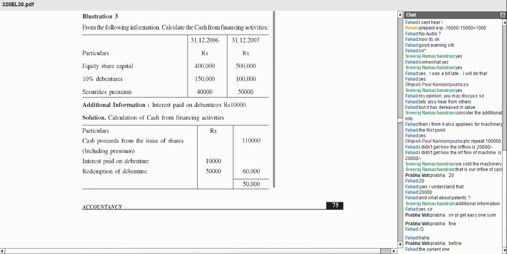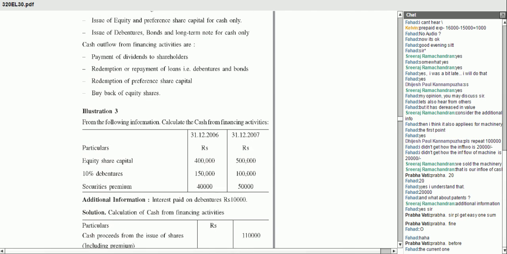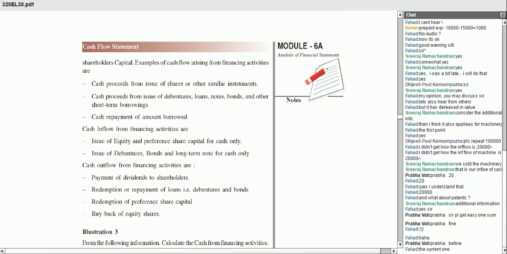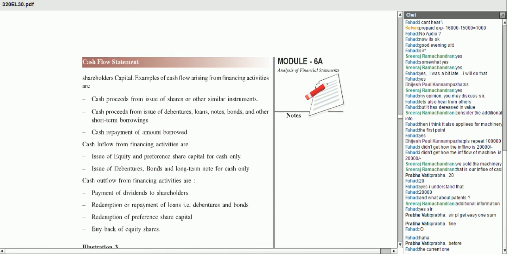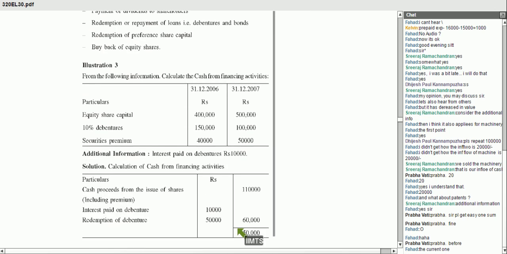Let's discuss one more example. Now we will try to find the cash flow using financing activities. From the following information, calculate the cash from financing activities. We have discussed operating activity in the last question, investing activity, and now this activity.